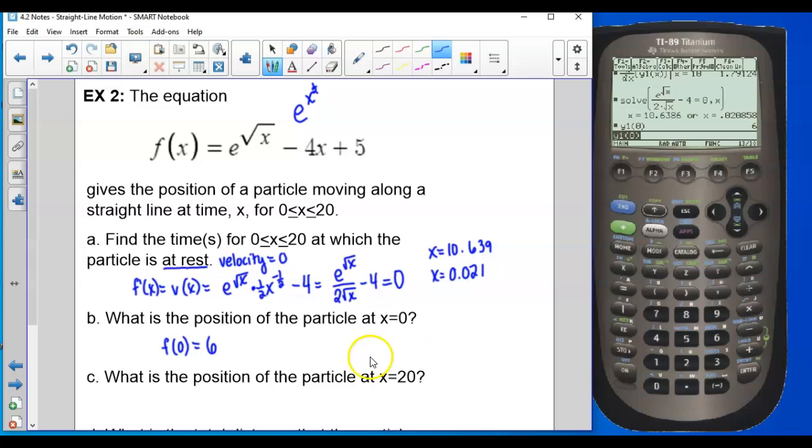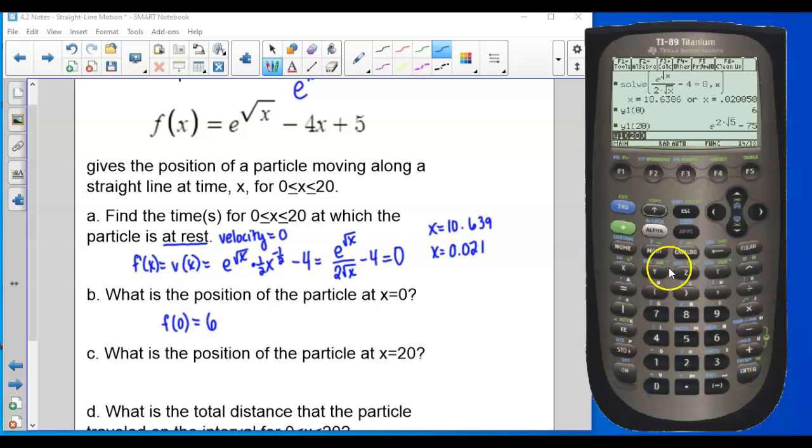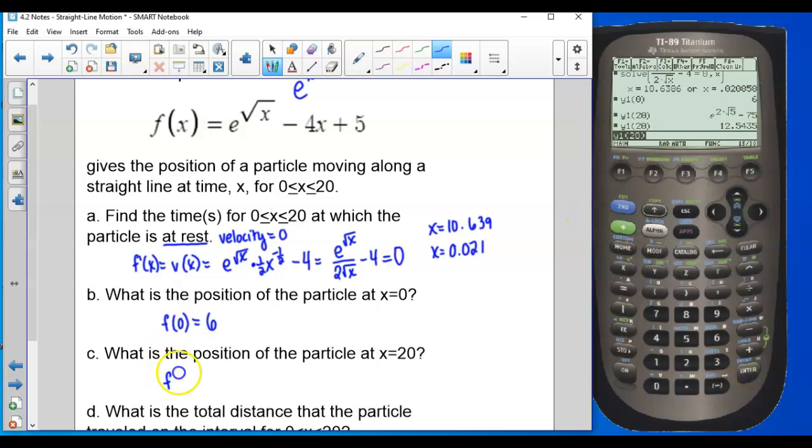And then if I want to know the position of the particle at x equals 20, y1 of 20 is going to be this. I'd rather have a decimal, so I'm going to hit the green button before I hit enter. So f of 20 is approximately 12.5435. I'm going to keep that whole number there.